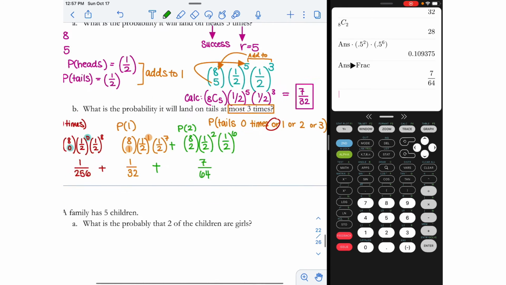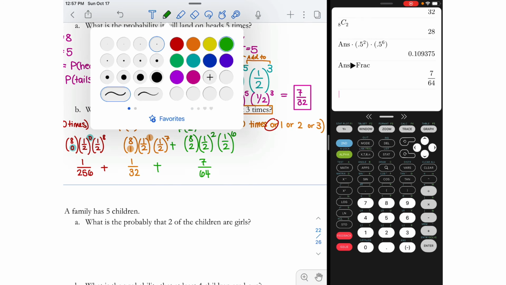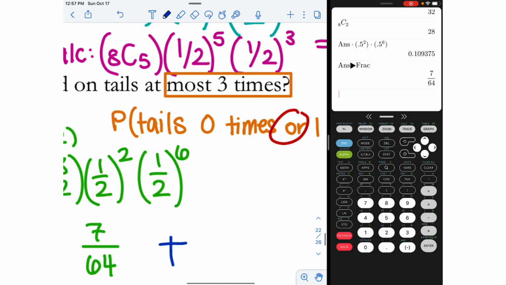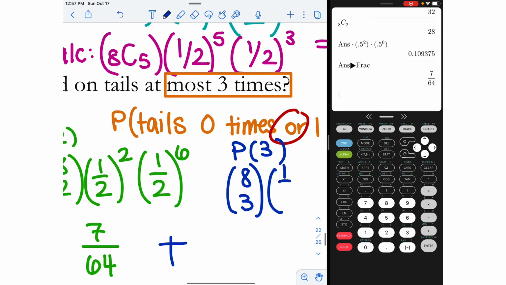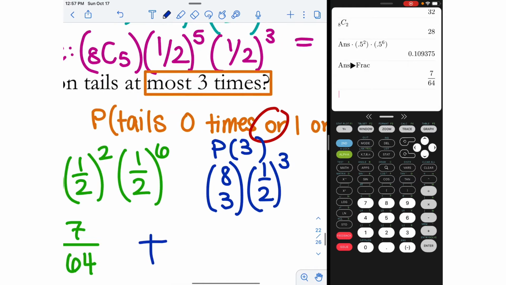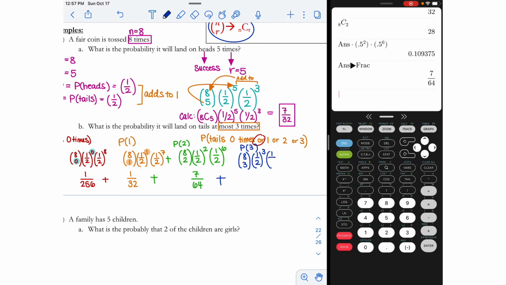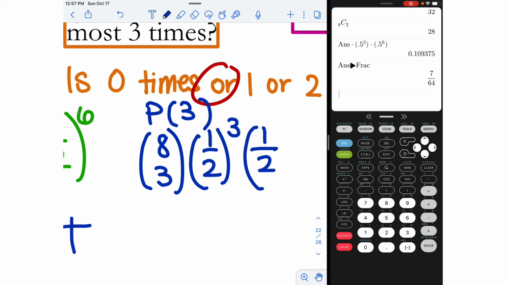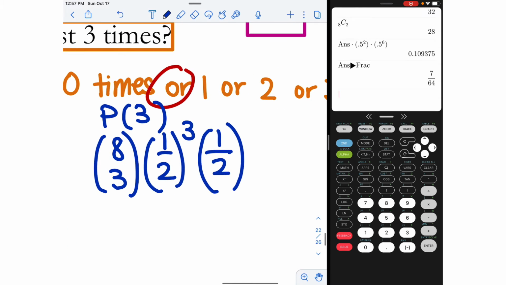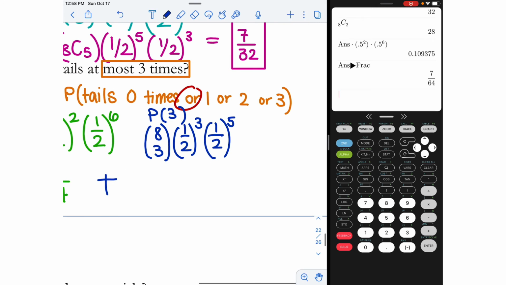All right, last one. I know this is a brutal problem. Believe me, I know. Probability that I get tails 3 times. So 8 choose 3. The probability I get tails is 1/2 to the 3rd. The probability I get not tails is going to be to the 5th power.